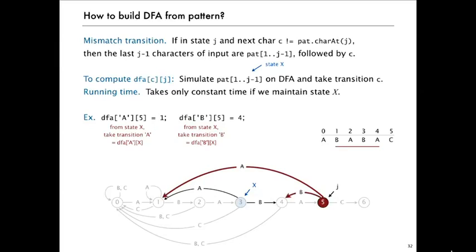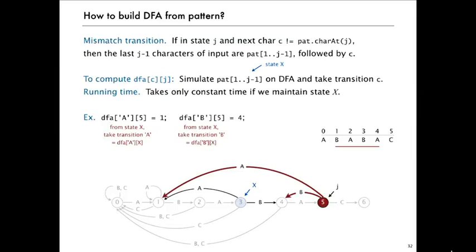So what we need to do to compute the mismatch transitions is keep track of state X, which is where the machine would be if we had run it on the pattern shifted over 1 position. And we want to update that.